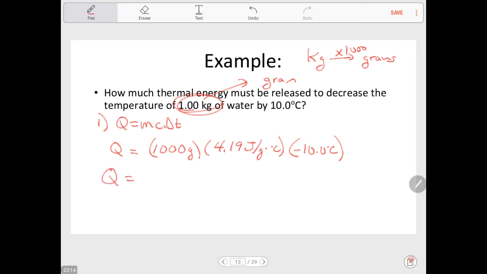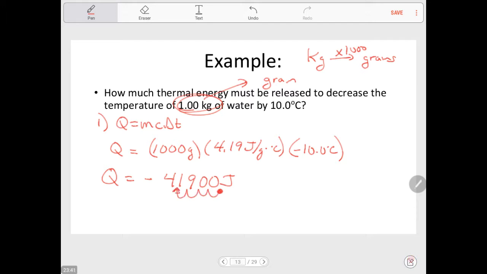Okay, I'll multiply this out here, so we have 1,000 times 4.19 times 10, which is minus. You're going to get negative 41,900 joules, which is just about the right answer. But again, we want to have significant digits. So if you look, your decimal right now is sitting after that 0. We can only take 3 digits along for the ride. 2, 3, 4.